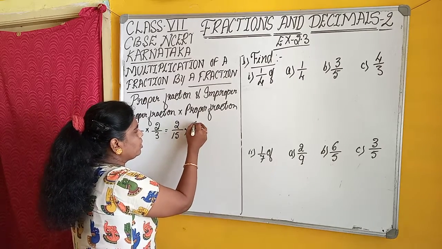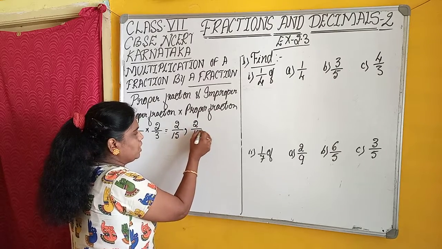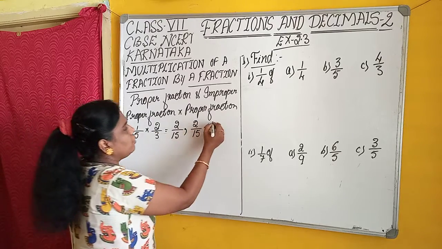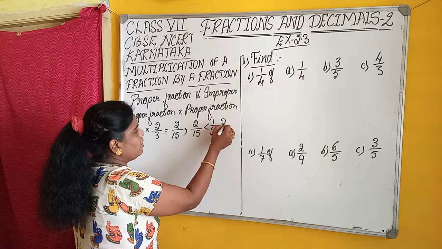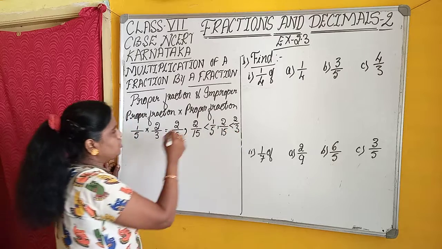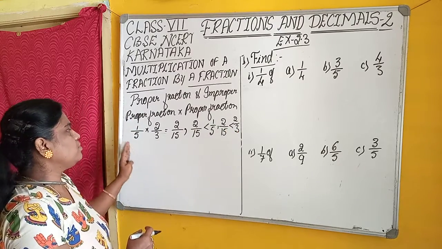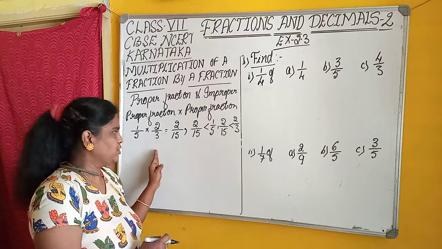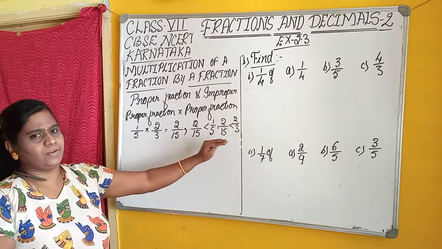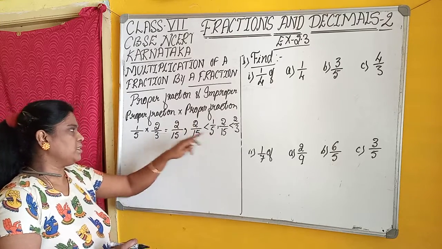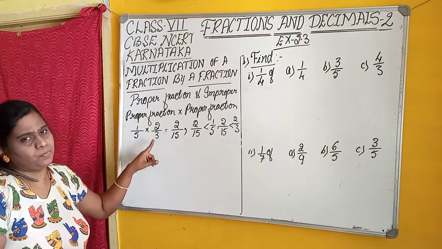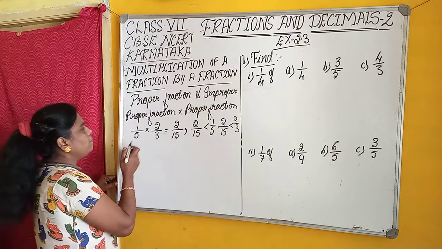For example, the product 2 by 15 is less than the first fraction 1 by 5, and this 2 by 15 is always less than 2 by 3. Understood, students? When a proper fraction is multiplied by another proper fraction, its product is always less than each of the fractions. That means the product is less than 1 by 5 and the product is less than 2 by 3.